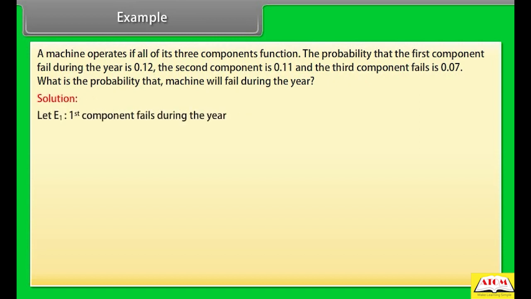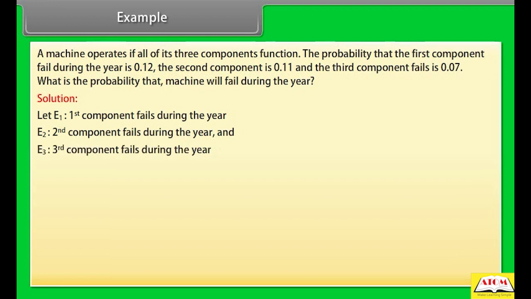Let E1 be the first component fails during the year, E2 the second component fails, and E3 the third component fails. P(E1) = 0.12, P(E2) = 0.11, and P(E3) = 0.07.